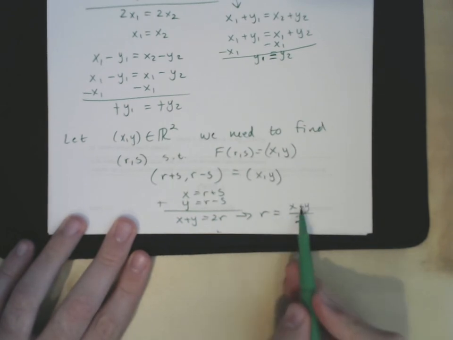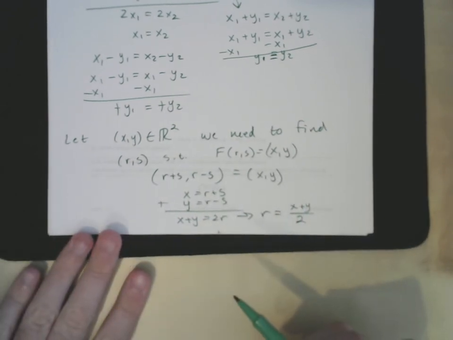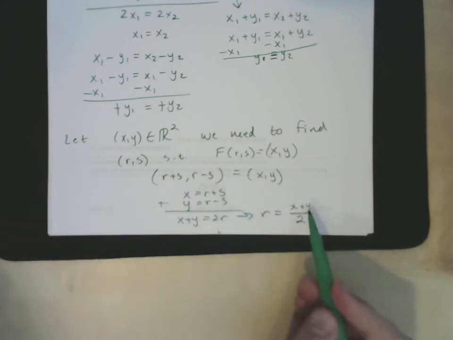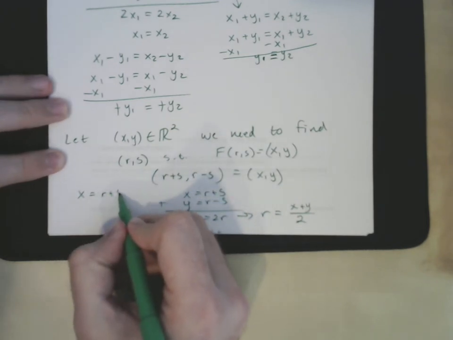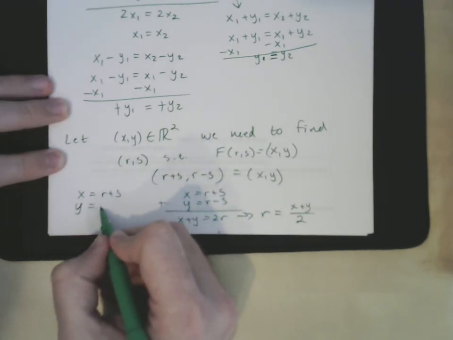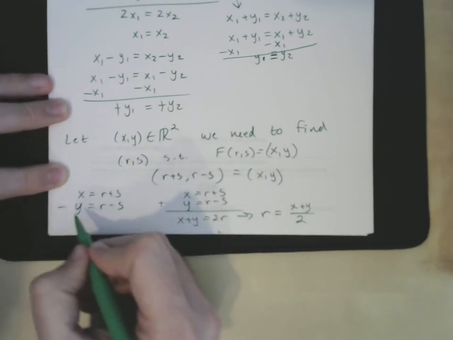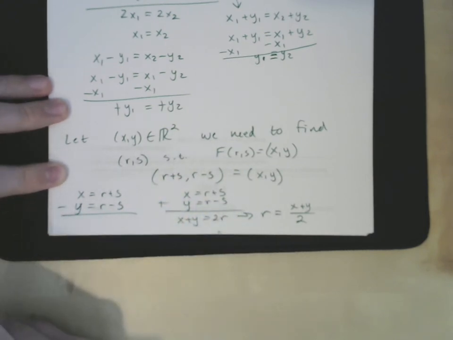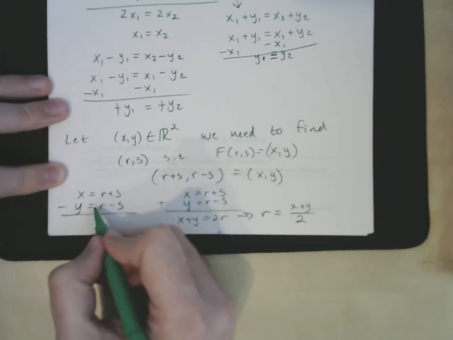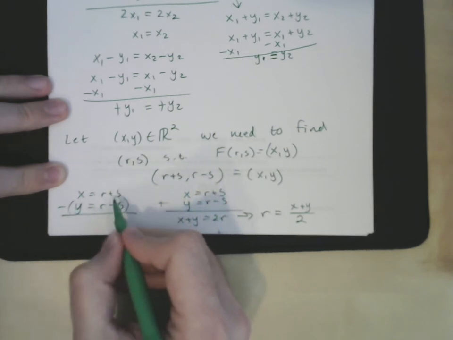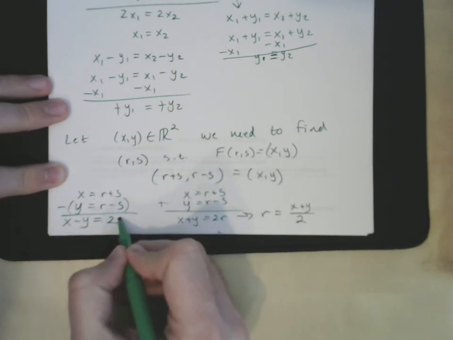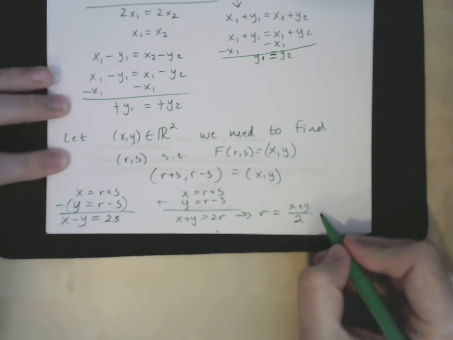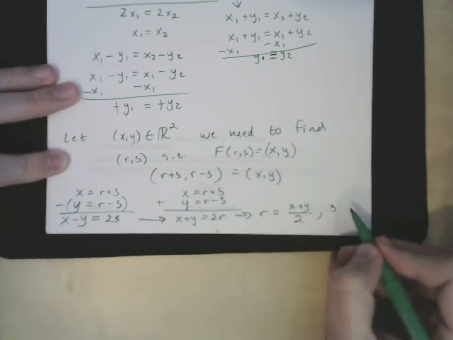And if r equals (x plus y) over 2, well, we can swap back in to get s, or we can come over here, x equals r plus s, y equals r minus s, and instead of adding them, we'll subtract them. And if we subtract, that's going to make the s positive, so we'll have 2s equals x minus y, and therefore s equals (x minus y) over 2.